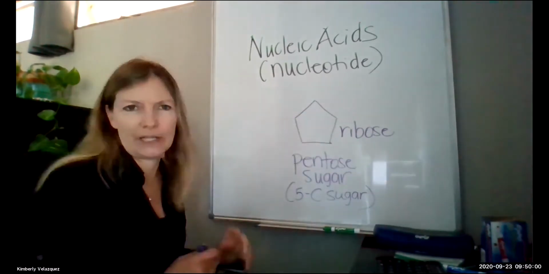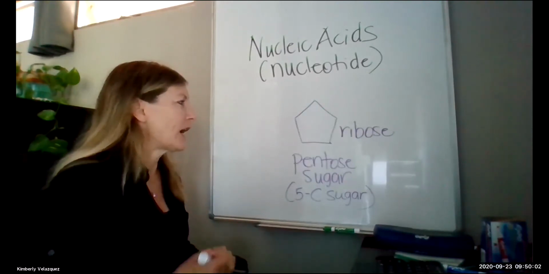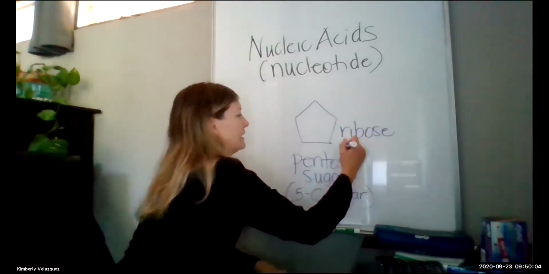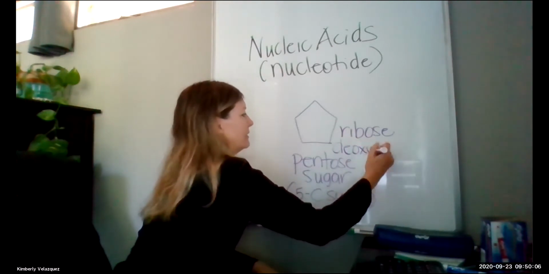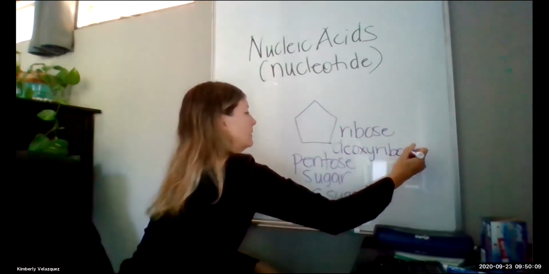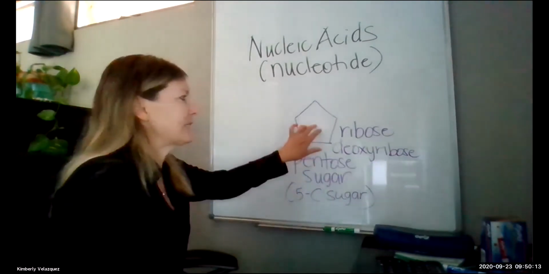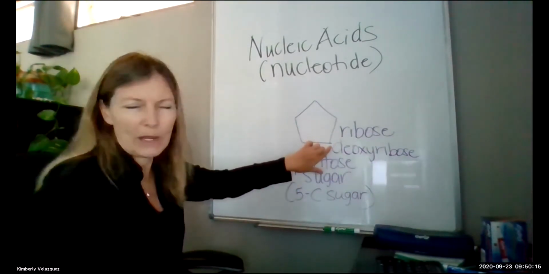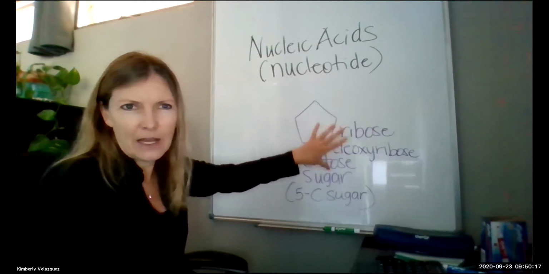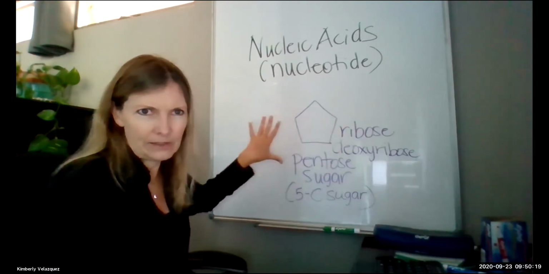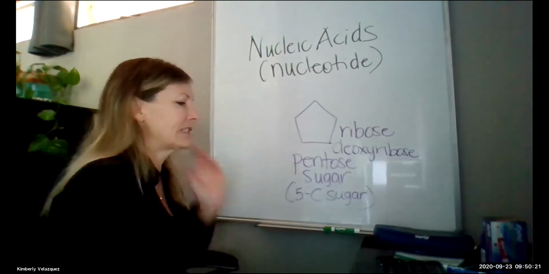But there's a lot more going on here than just this sugar. So it's either ribose or deoxyribose. And when you watch the nucleic acid video, you'll see the basic difference in structure between ribose and deoxyribose. That's not critical to you recognizing this as a nucleic acid, so I'm not going to give you that detail right now.